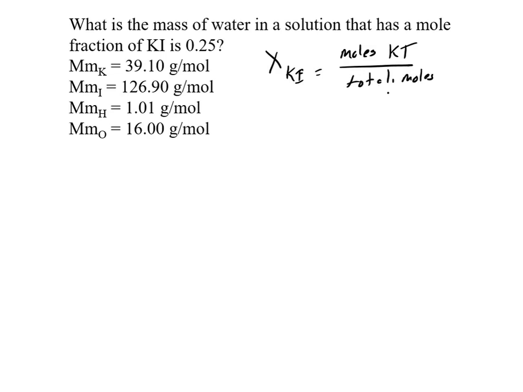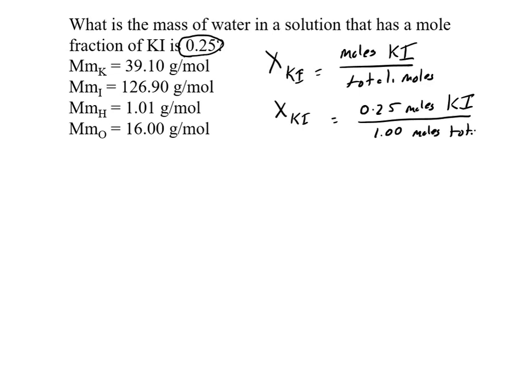And so what I'm going to do is, I don't give you part of the fraction, so I'm going to take this and make this my numerator over 1. So mole fraction of KI means I'm going to have 0.25 moles of KI over 1.00 moles total.